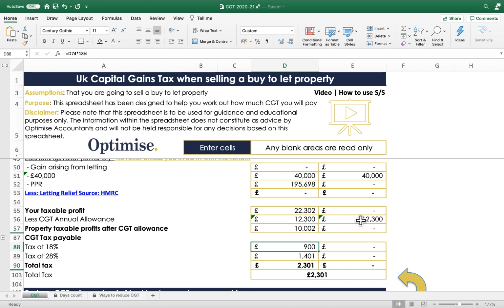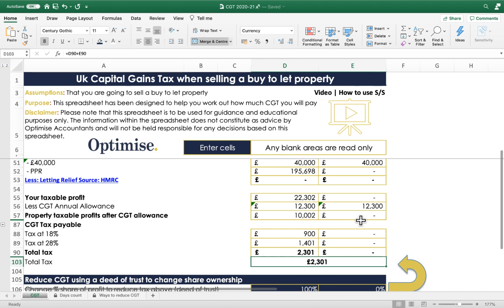Don't forget, once you go over £50,000, as in total taxable income, then you hit the higher rate tax band. So here we've got a situation whereby Sarah has a tax liability of 2301, and this would typically have to be reported to HMRC within 30 days of disposal, which is completion date, not exchange date.